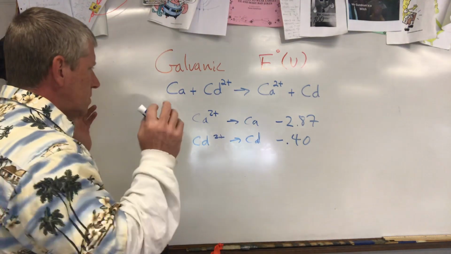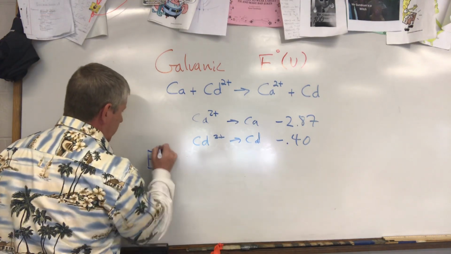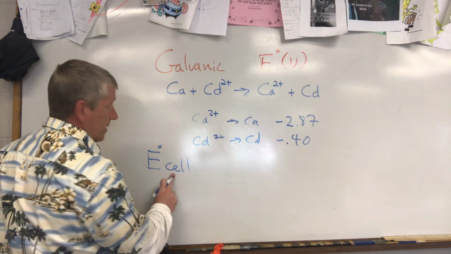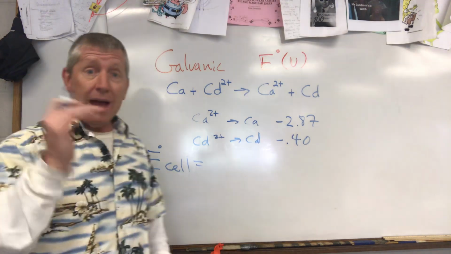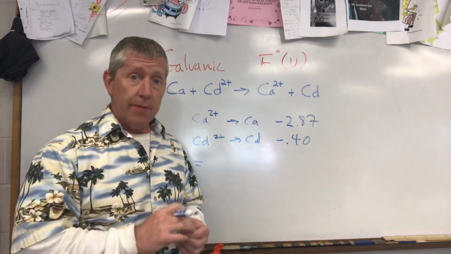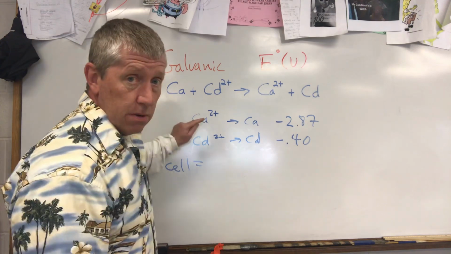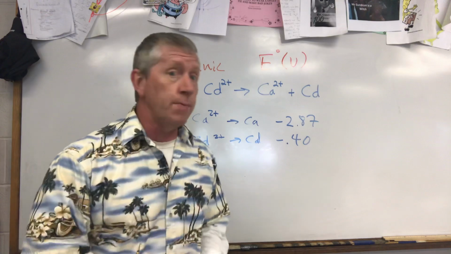So, let's go ahead and do the math on this. Let's set up our equation to find, under standard conditions, the voltage or energy produced by the galvanic cell, the battery. Remember, E at the cathode minus E at the anode. Let's look at the equation. In the equation, remember, the cathode comes first. That's where the reduction happens. Who's being reduced?